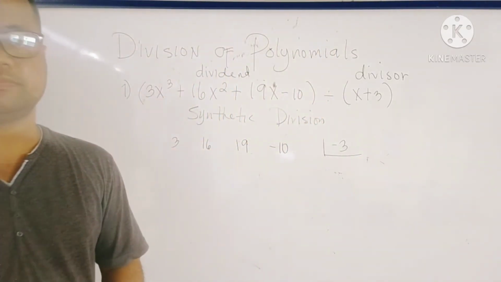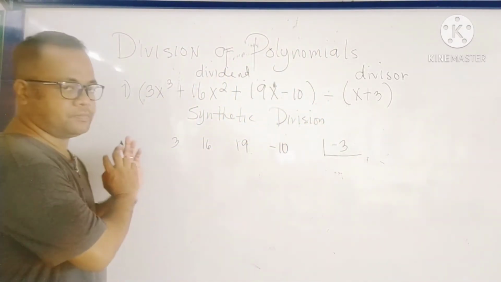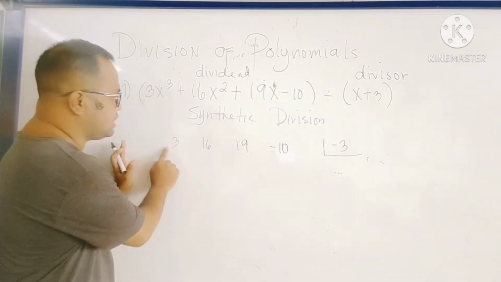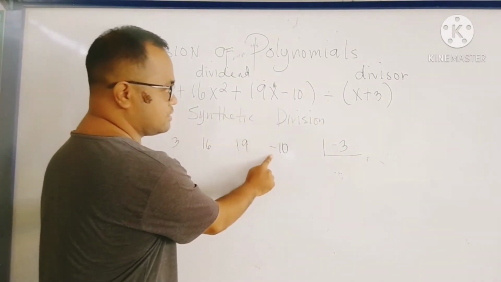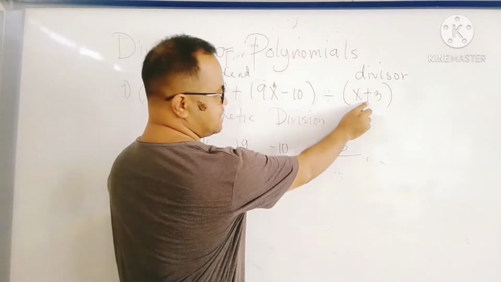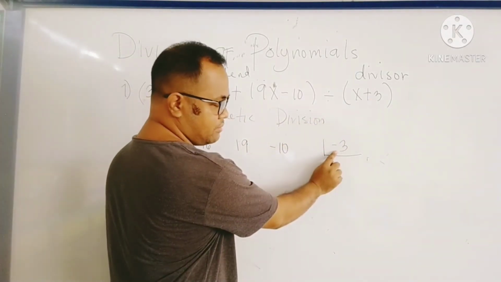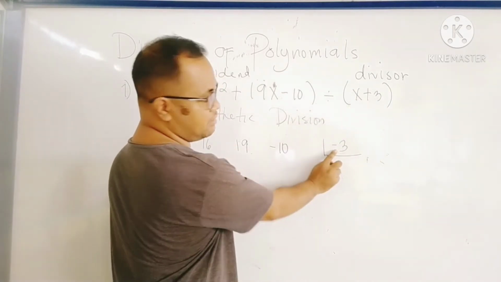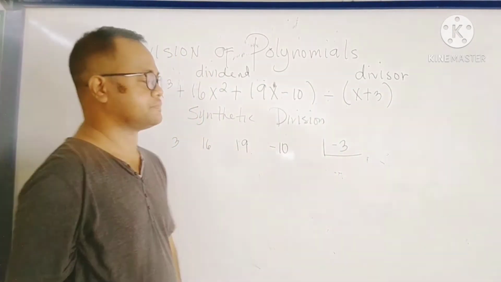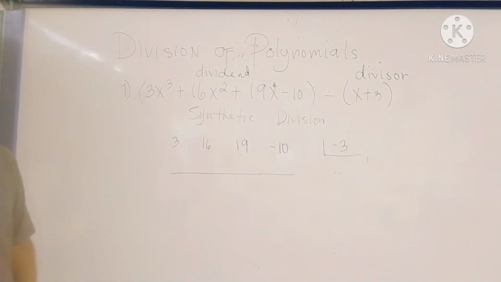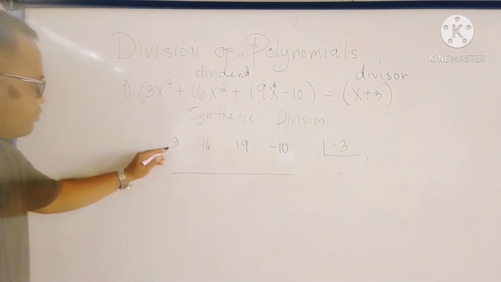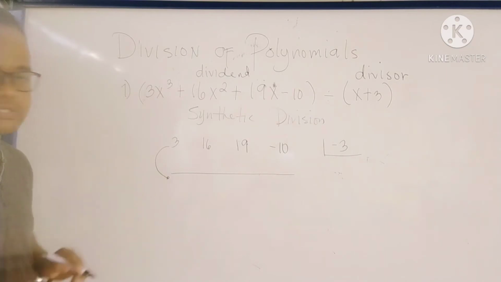So, ayan ha. Tingnan natin ha. So, we have 3, 16, 19, and negative 10. So, positive will become negative. Kung negative yon, magiging positive. Ganun lang ano. Okay. So, let's start. Step 1 is to bring down the first term.